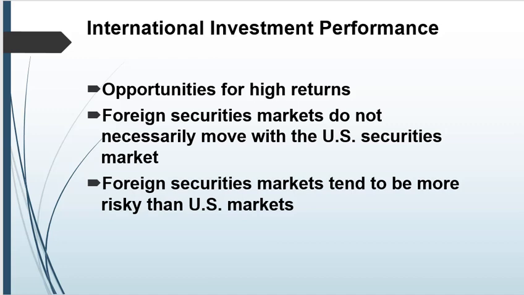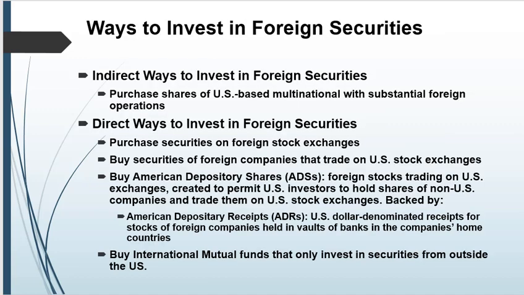Second, we know that foreign stock markets don't necessarily move the same as the United States stock market. Therefore, we have some opportunities for diversification. And finally, foreign securities markets tend to be a little bit riskier than the U.S. markets. So therefore, that's the reason for the higher returns. So again, there are lots of reasons why investing internationally could be good for us.